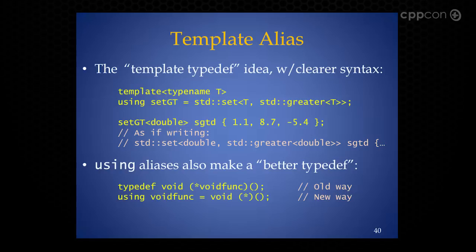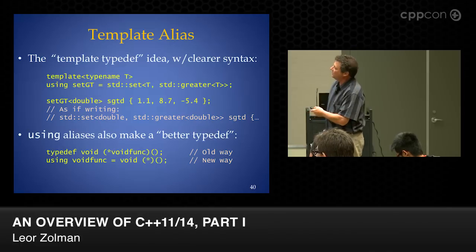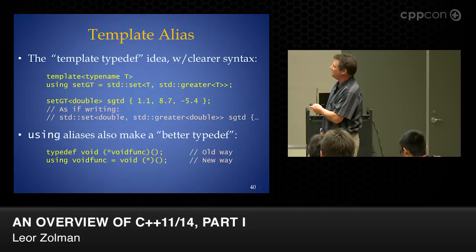Template alias. There was an omission in the template declaration mechanism such that there was no way to specify that I want to be able to declare a template that always has a specific template parameter, say in the second position.